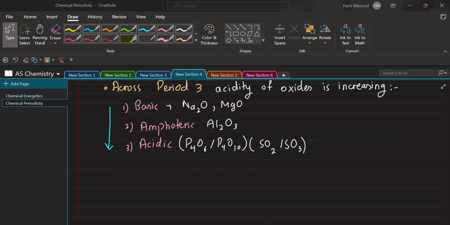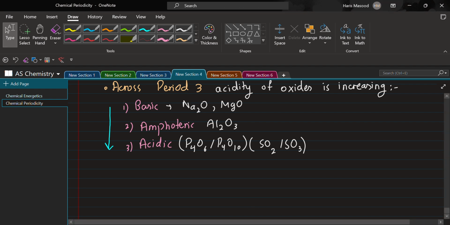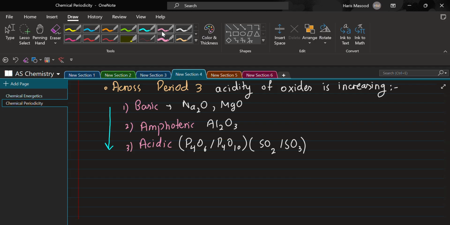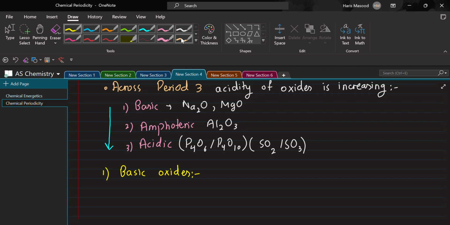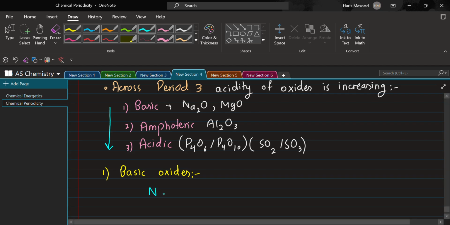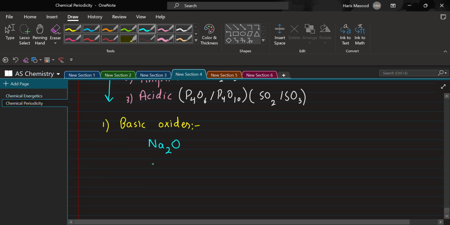So if we look into some reactions, for sodium and magnesium, first we'll look into basic oxides. Their reactions will be quite simple. Like you have Na2O and you have MgO.